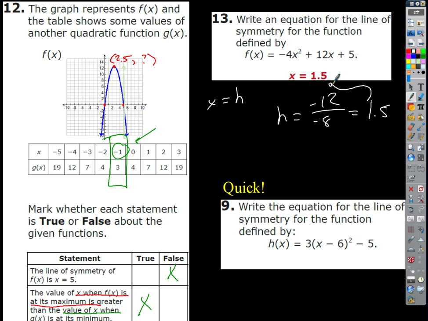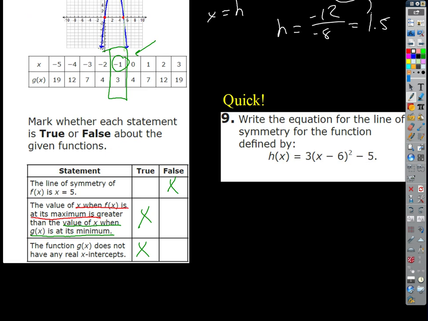That's 1.5, right? How about here? What's the equation of the line of symmetry for that parabola? x equals 6, right? Because that's h. It's x equals h.